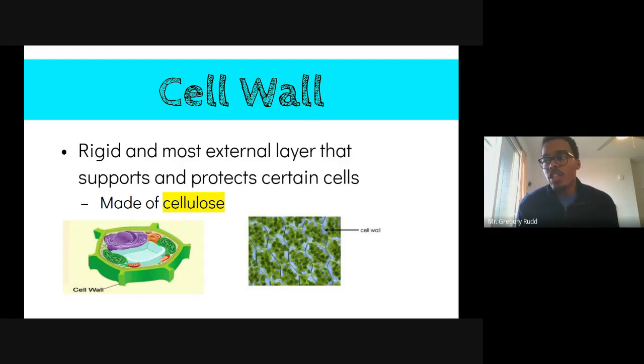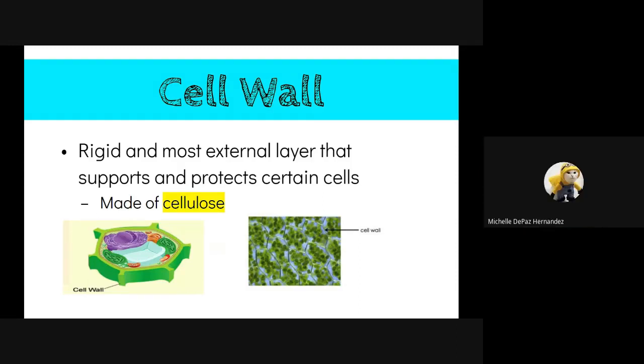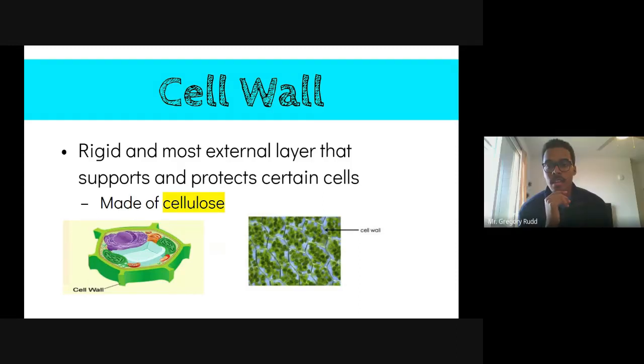And so because it's a sugar, which of our 4 biomolecules is it? Carbs. Good, excellent. I think that was Abigail. Thank you. So cellulose is a sugar and all sugars are carbohydrates, they're carbs.